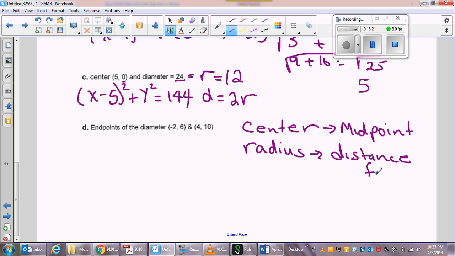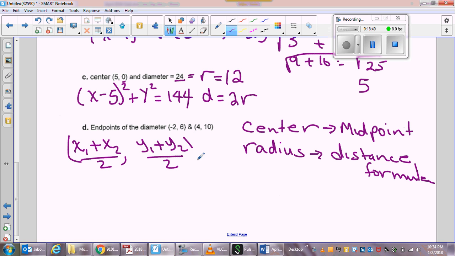So this is a good review for unit 1. So what is the midpoint formula? You guys remember? It's going to be (x1 plus x2) divided by 2, because I need to know the center to write my equation, and (y1 plus y2) divided by 2.